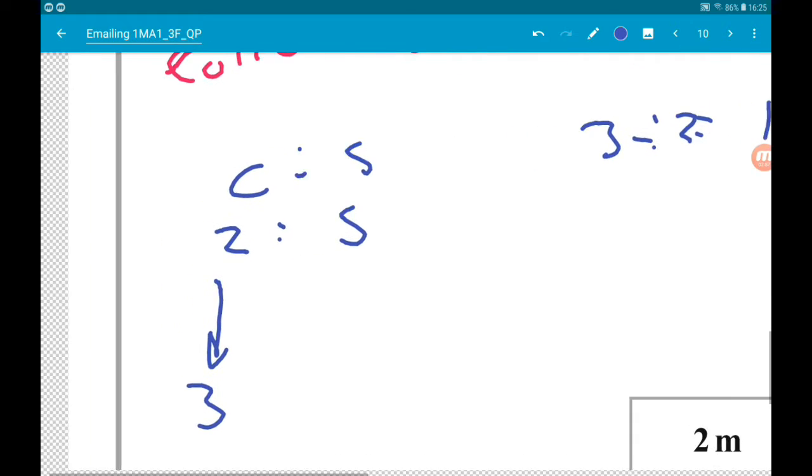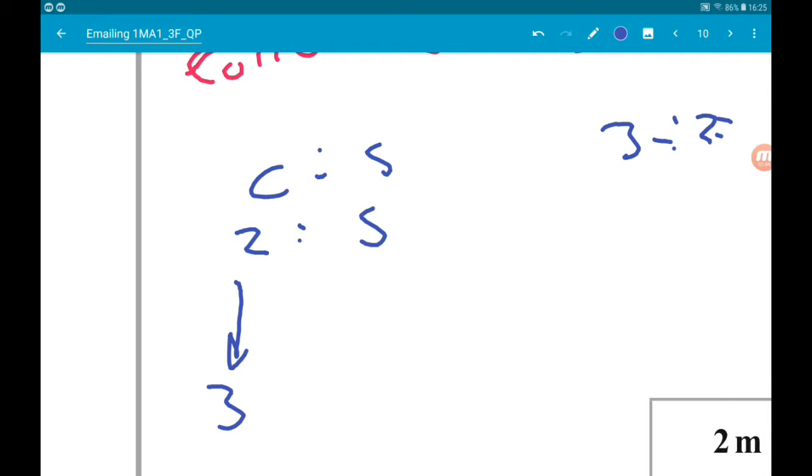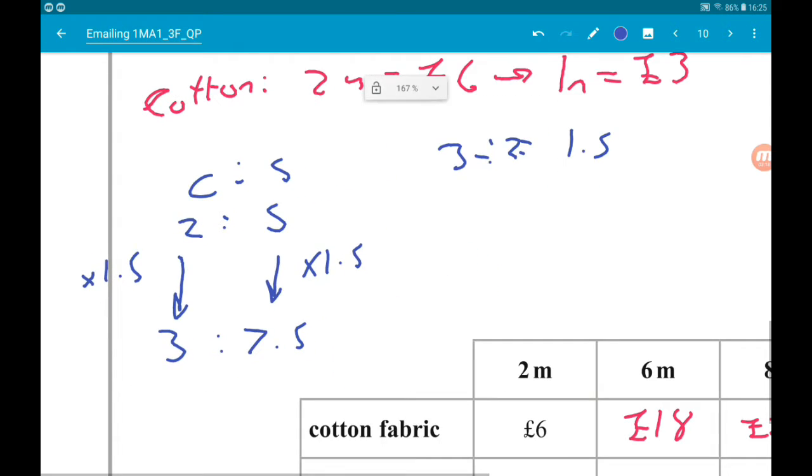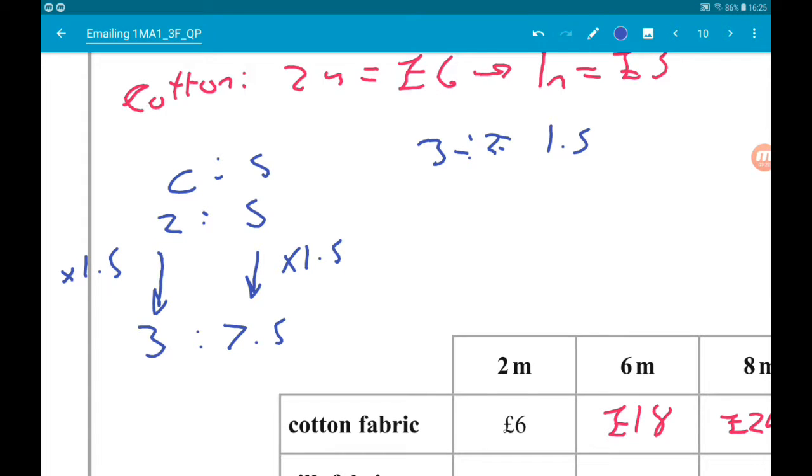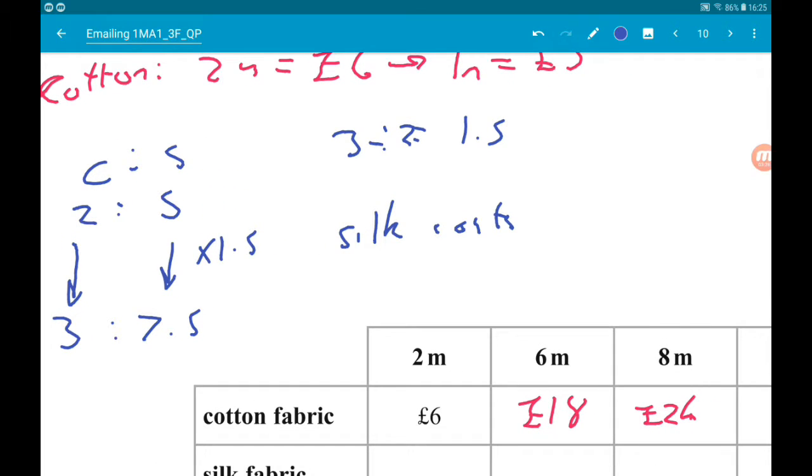So to do that, we've multiplied by 1.5, so we're going to do the same to the silk. And that is going to give us 7.5. Now that tells us then that the silk costs £7.50 per metre.